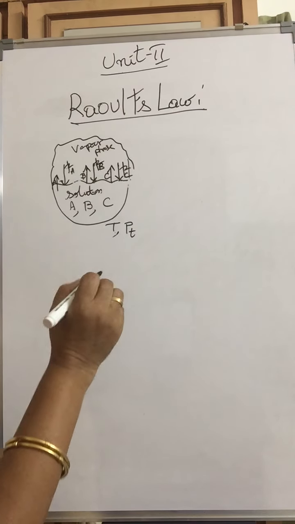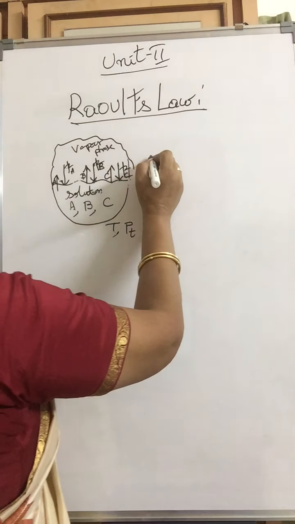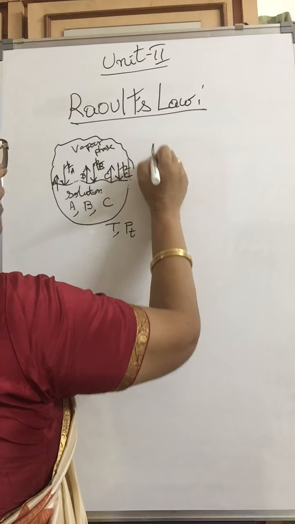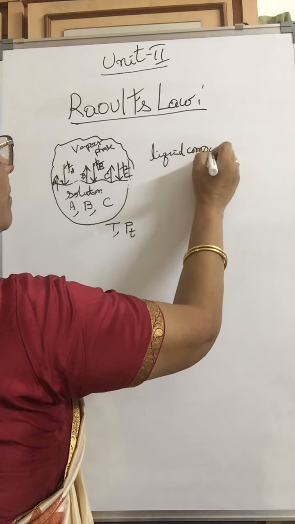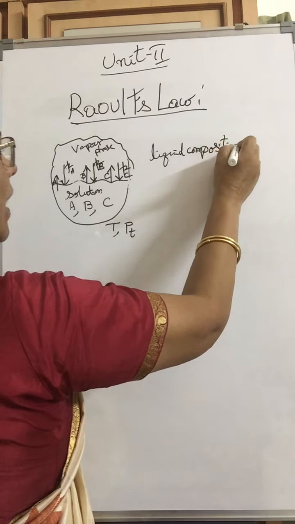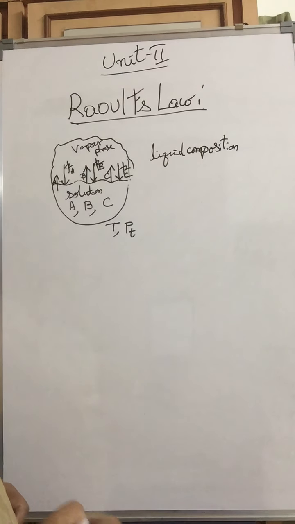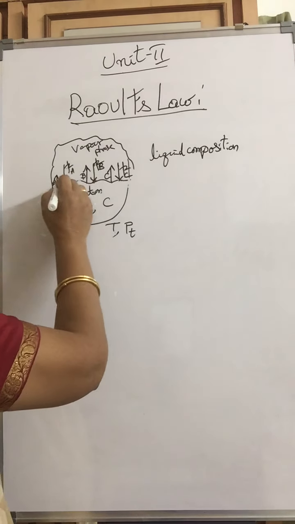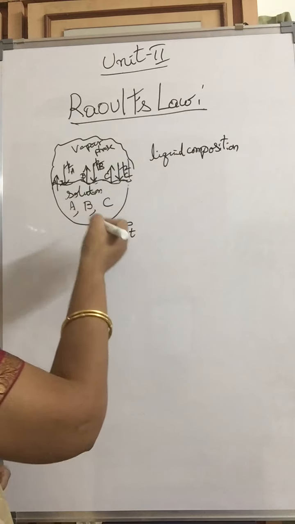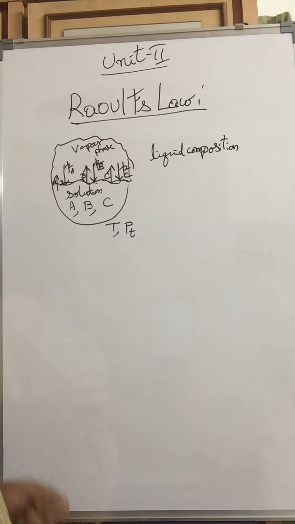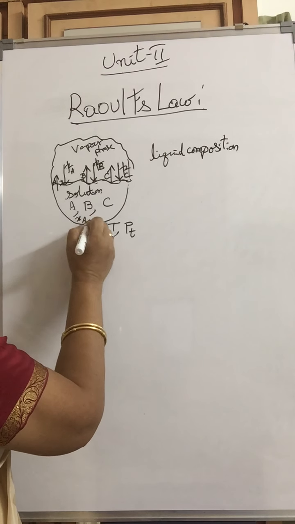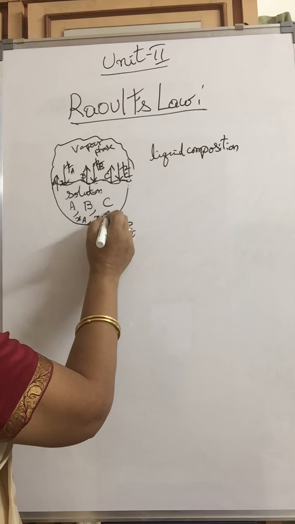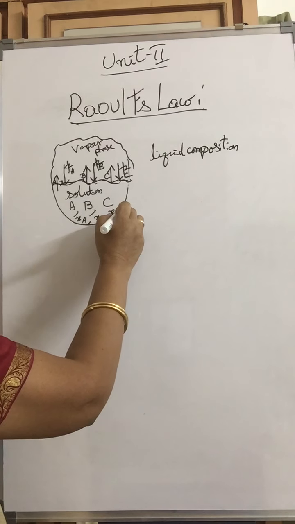Now, two terms we are going to see here: liquid composition and vapor composition. This is the liquid we have, and since we prepare the solutions, we know the composition of the liquid. Let this composition be XA, XB and XC.